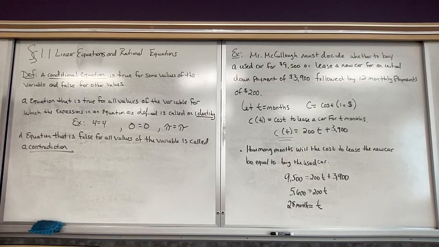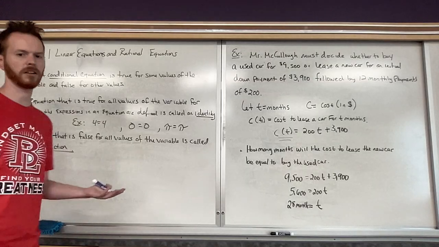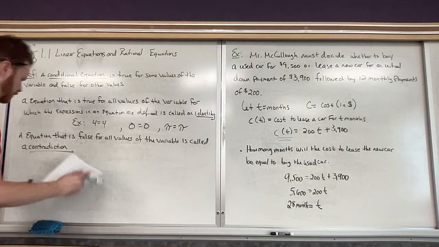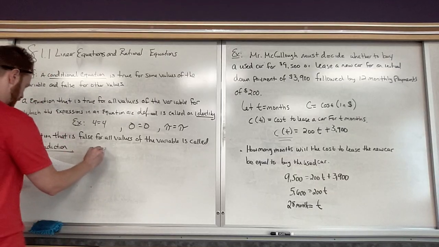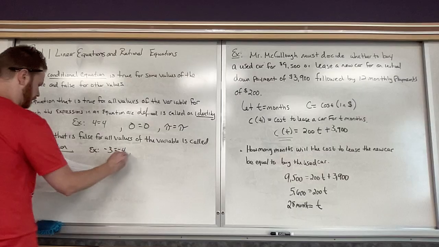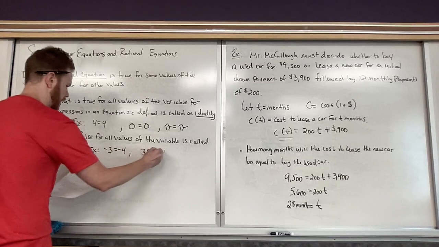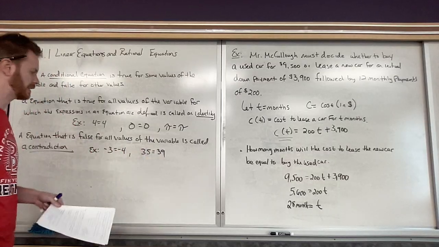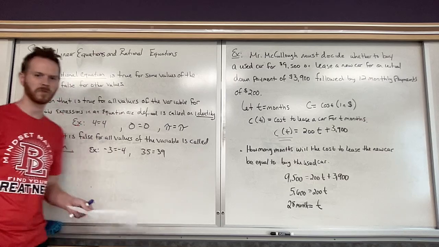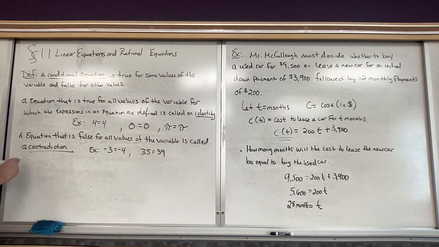So in other words, you're solving the equation and then your end solution was something along the lines of, I'll give you an example underneath, like -3 equals -4, or 35 equals 39. If you got something like that after solving it, that's not really a true statement, therefore we call it a contradiction.